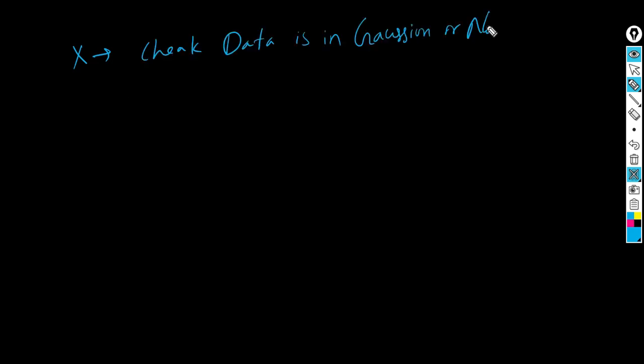Suppose X is the data, and we want to check whether the data is in a Gaussian distribution or not. For that we have to take Y also, and Y must be in a Gaussian distribution.